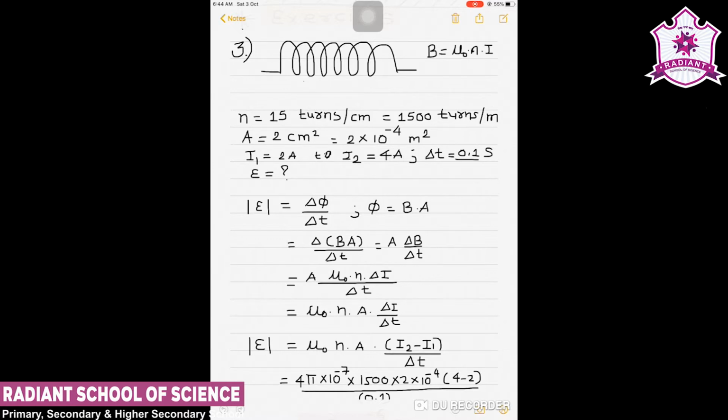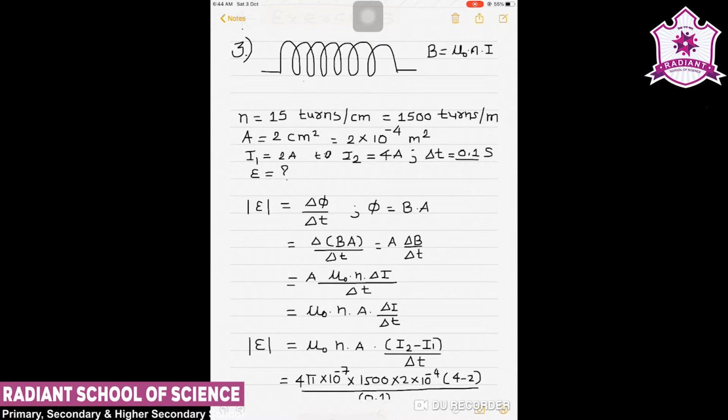Now in example number 3 we are given that a long solenoid with 15 turns per centimeter has a small loop of area 2 centimeter square placed inside, normal to the axis of the solenoid.